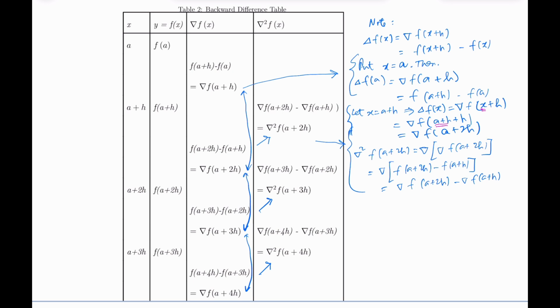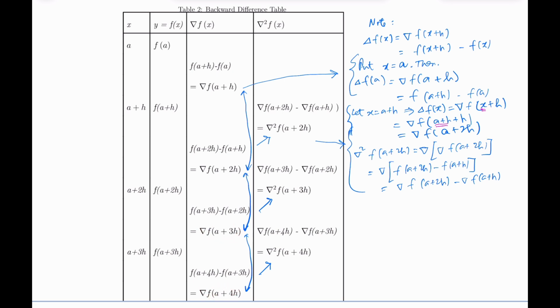Okay. Next one, backward difference of these two is f(a+3h) minus f(a+2h), and this is written as nabla f(a+3h). And finally we have the first order backward difference of these two terms.